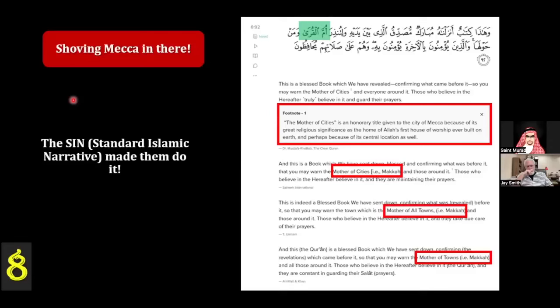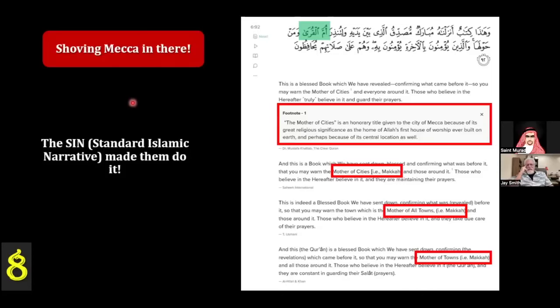So people, when they shove Mecca in there, they are hindering academic progress. They are thwarting people in their footsteps to make the right conclusions and the right decisions. Of course, in my translation, I have mother of settlements, and then I keep quiet because people want to discuss further. I can't lock the text into the standard Islamic narrative, or else I'm actually not respecting the English audience.